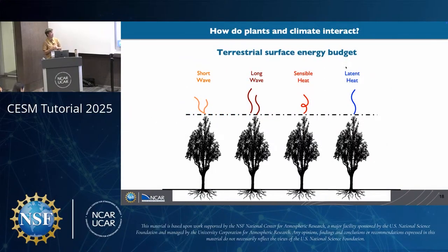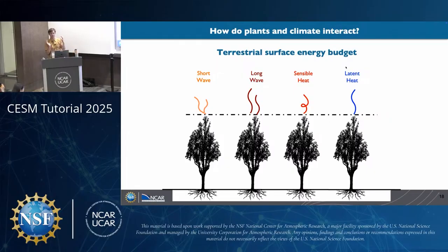Okay. So I want to emphasize how important plants are for the land model, because it's a unique characteristic in CESM that we're actually representing vegetation like this. If you've got a forest, it's obviously affecting the shortwave radiation in terms of how dark the leaves are. It also affects the longwave radiation, sensible heat fluxes and latent heat fluxes.